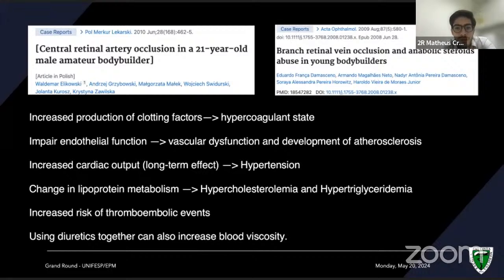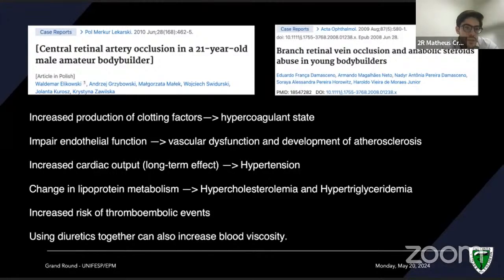Both of the articles agree that with the use of anabolics we could increase the production of clotting factors, which could cause a hypercoagulable state and impaired endothelial function, causing vascular dystrophy and development of arteriosclerosis. In the long term, it could cause increased cardiac output, hypertension, and change lipoprotein metabolism, causing hypercholesterolemia and hypertriglyceridemia.